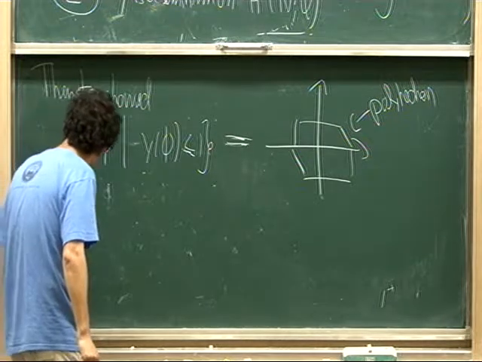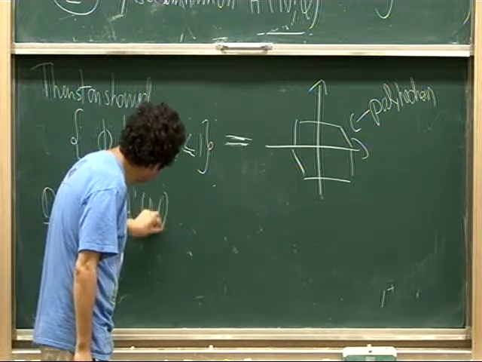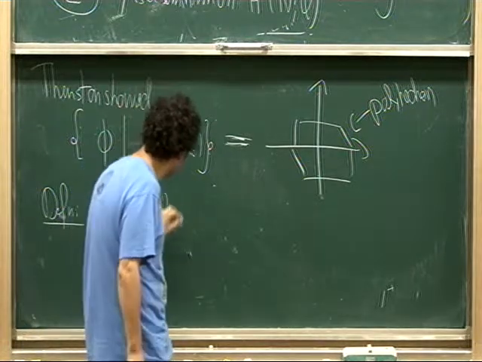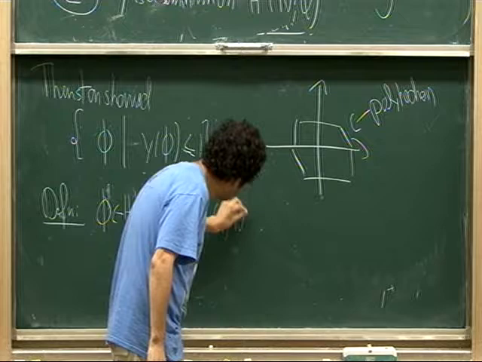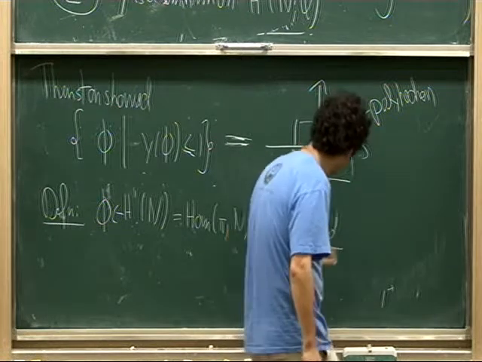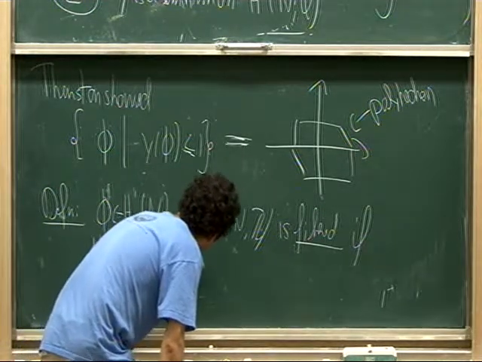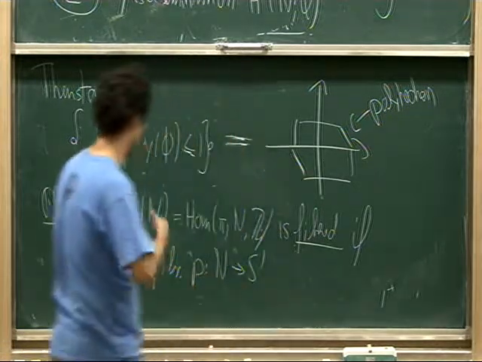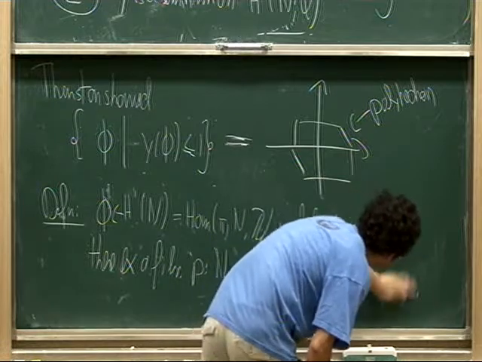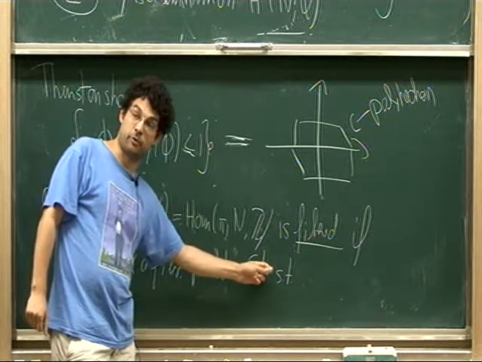Take phi in H^1. H^1 has many different equivalent formulations; you could view it also as a homomorphism from pi 1 of n to Z. And we say such a phi is fibered if there exists a fibration from n to S1, a fiber bundle over S1, a surface bundle over S1, such that the map from n to S1 gives an induced map from pi 1 of n to pi 1 of S1.